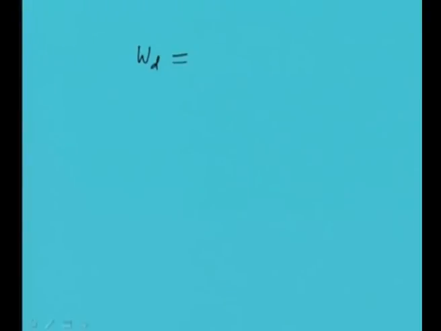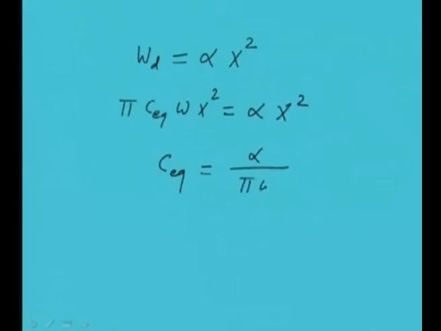As we mentioned, work done is proportional to the square of the amplitude of vibration, and alpha is a constant, and if we equate this to the equivalent viscous damping model, we can have this, and you can see that now we got the equivalent damping.